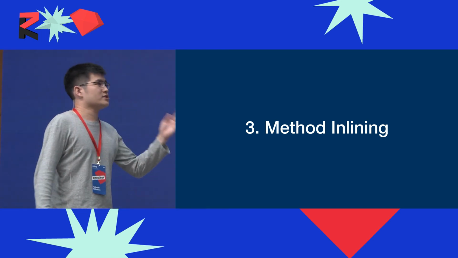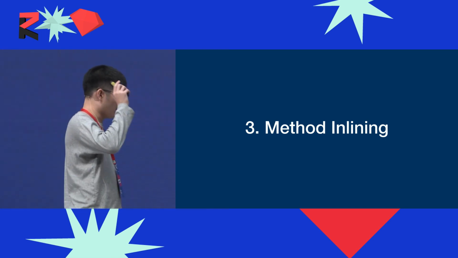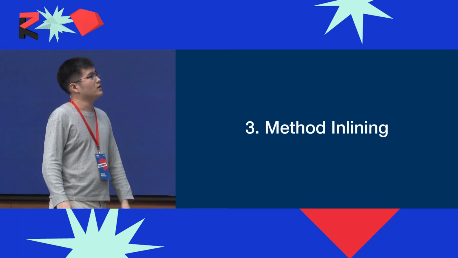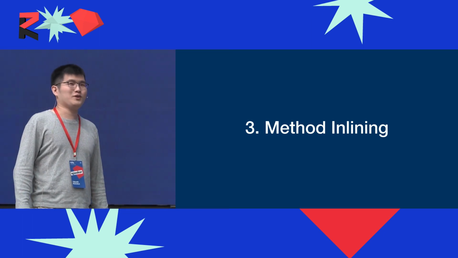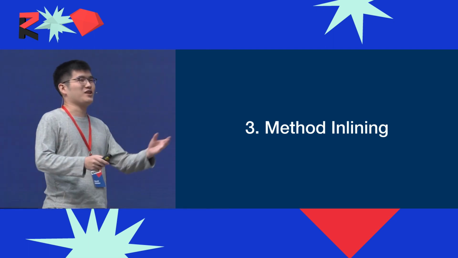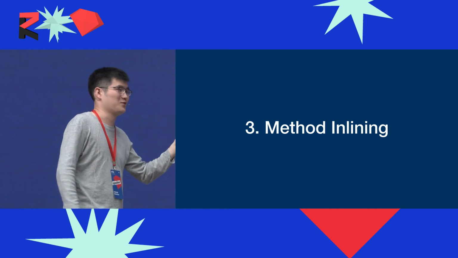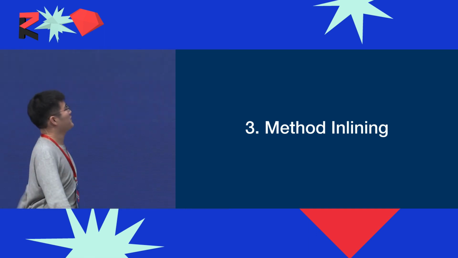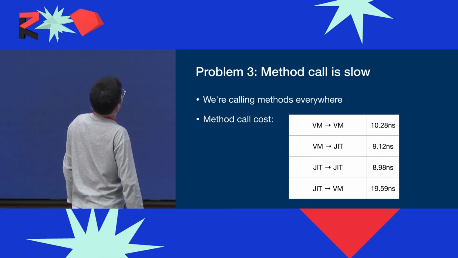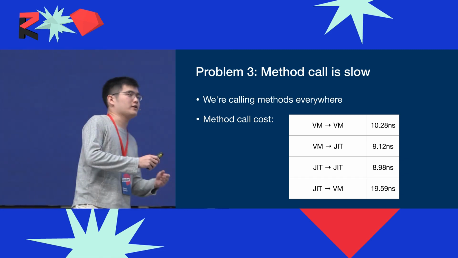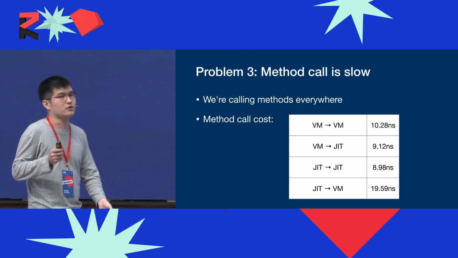The next thing is already in the master of Ruby 2.7. By the way, the Ruby development branch was renamed from trunk to master, so I never call the development version trunk. Anyway, method inlining is for optimizing the overhead of the method call.